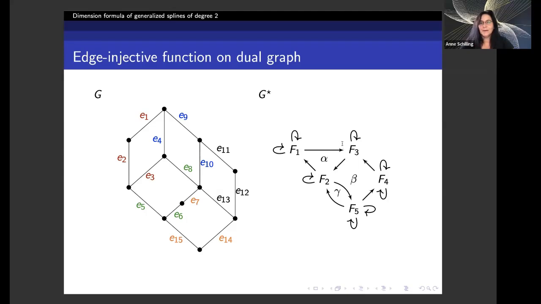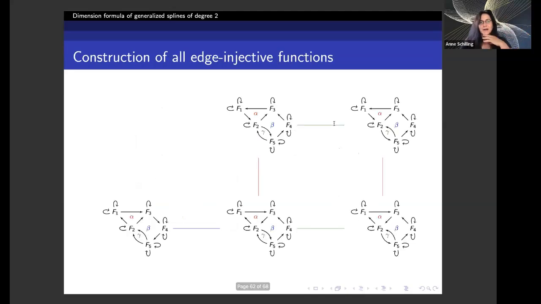And then this F3, this would be this phase, right? This E4 corresponds to this edge that now goes into F3. So if an arrow goes into an Fi, that means that edge is associated under the edge injective function to this particular vertex. Okay, so we now have this other way of viewing our edge injective function.